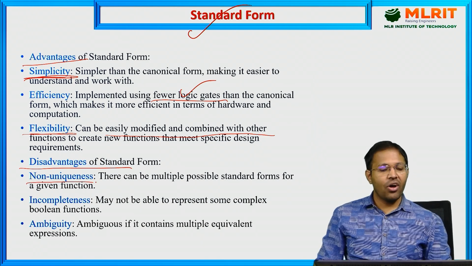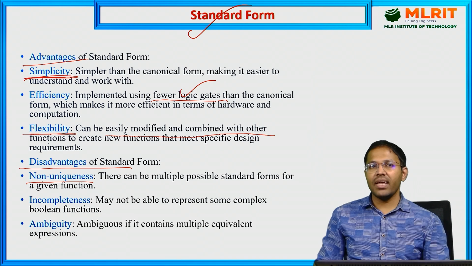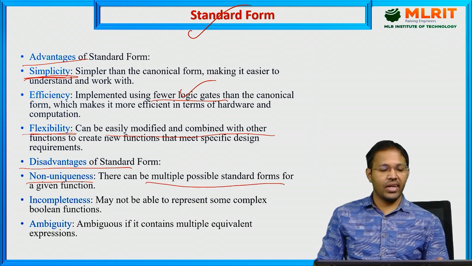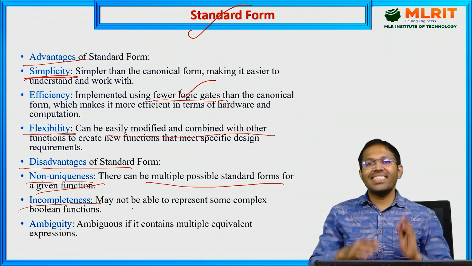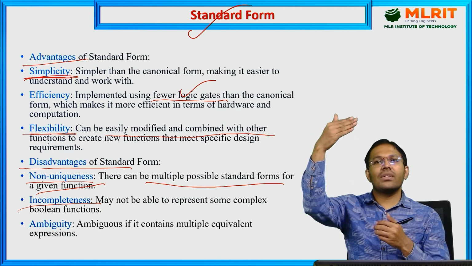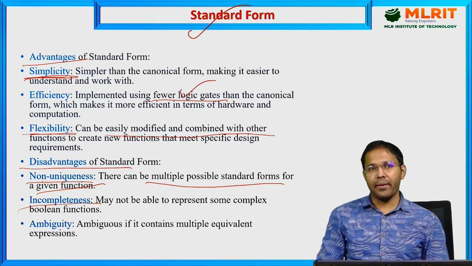Disadvantages. Non-uniqueness. You could have multiple answers for the same question. Multiple standard forms for a given function. Incompleteness. In certain cases, even if you try to reduce the canonical form to standard form, the reduction may not happen.